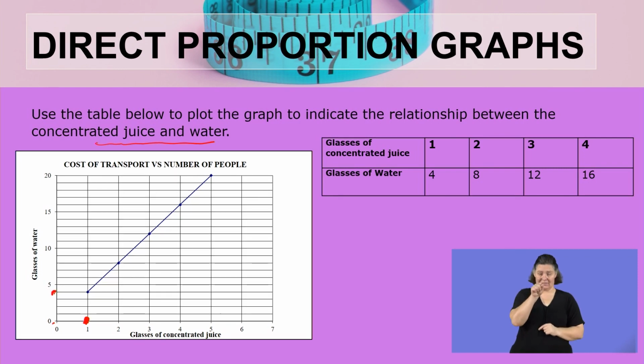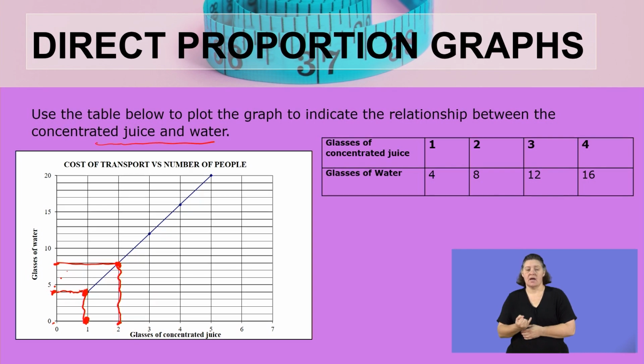Because you need 4 glasses of water, we can draw the dotted lines, and where the 2 are meeting, that is your coordinate number 1. Number 2, for 2 glasses of juice, you need 8. Because this is 5, we will have 6, 7, and then you have your 8. Once more, where the 2 meet, this is your point.